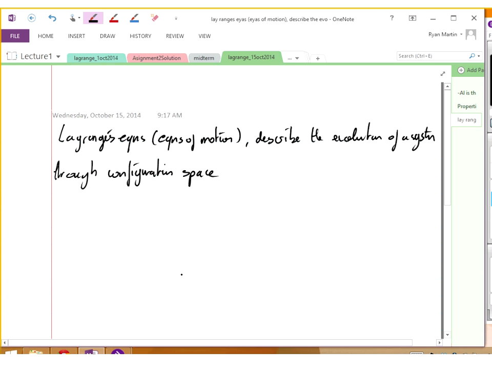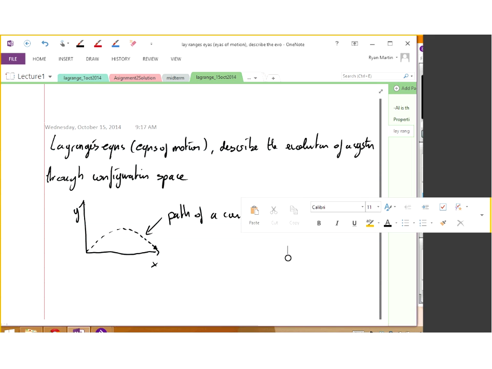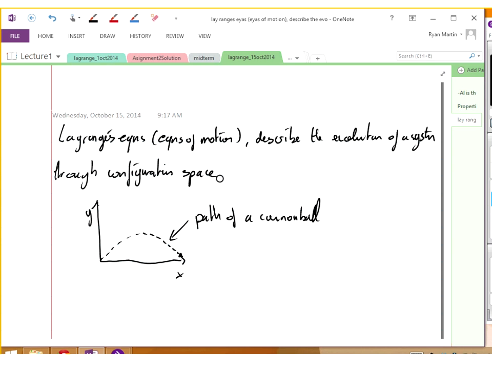All right, so for example, that's the path of a cannonball. What Lagrange's equations do is describe the shape of that path.